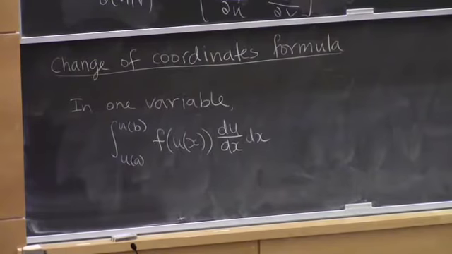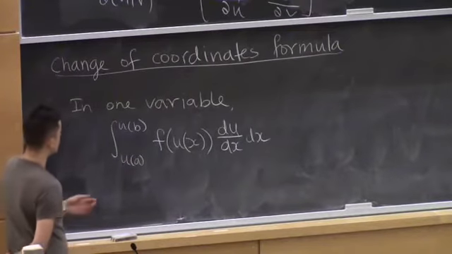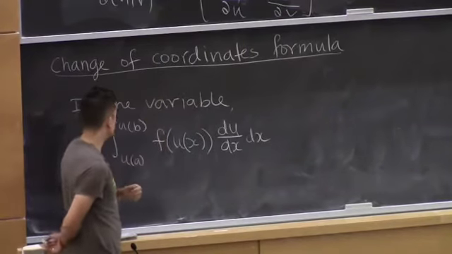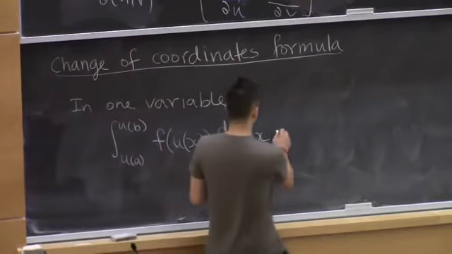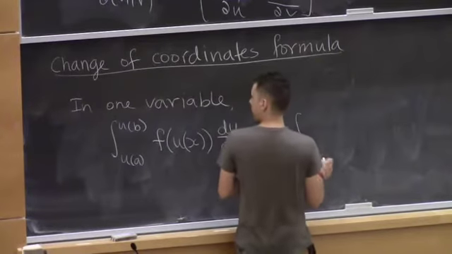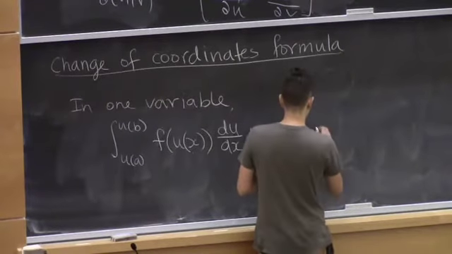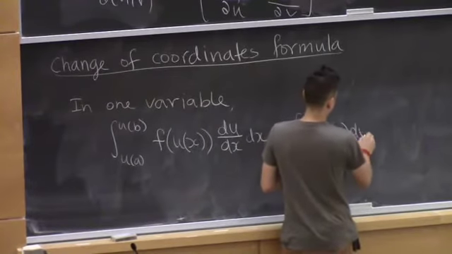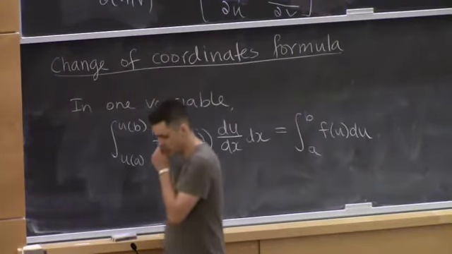So in one variable, we have this idea that if you've got what we usually call a U substitution, that this should be equal to the integral from A to B of f of u du.